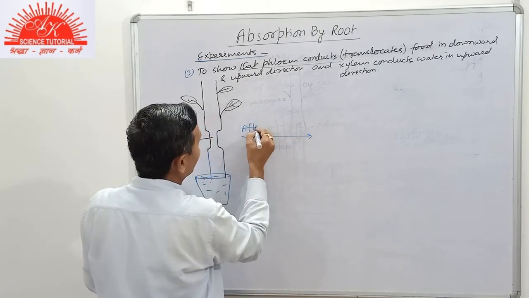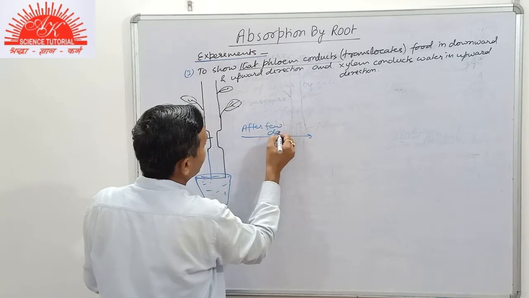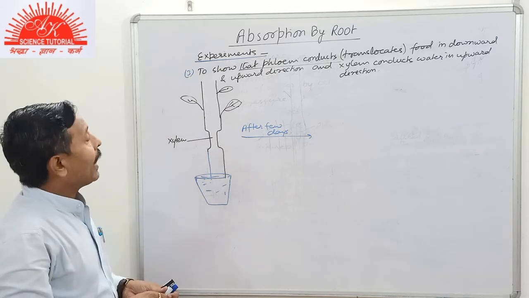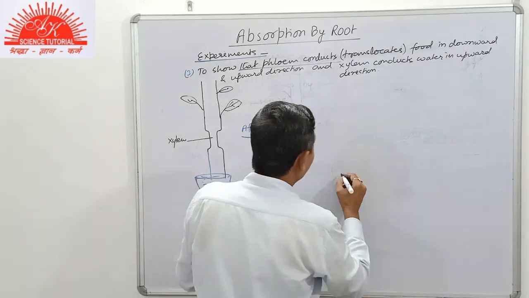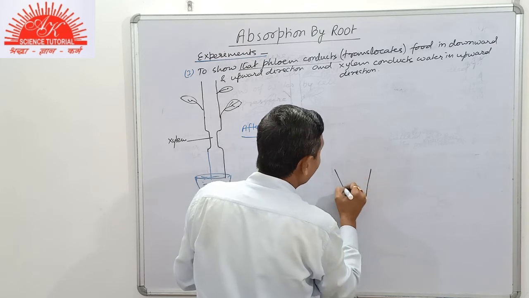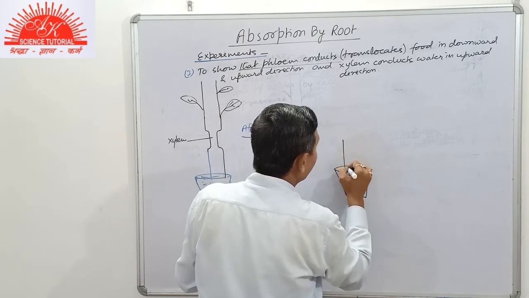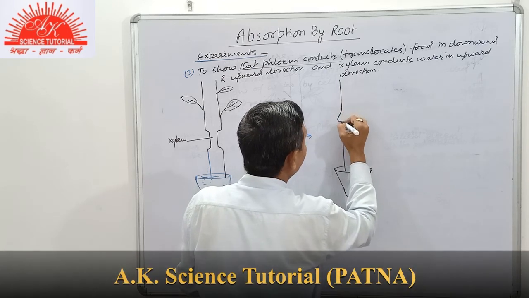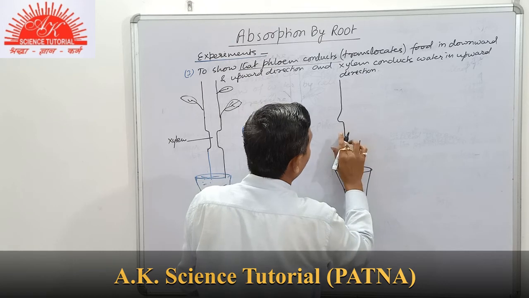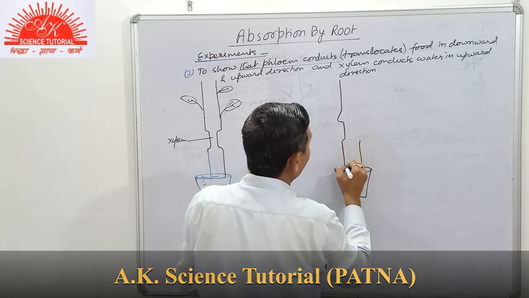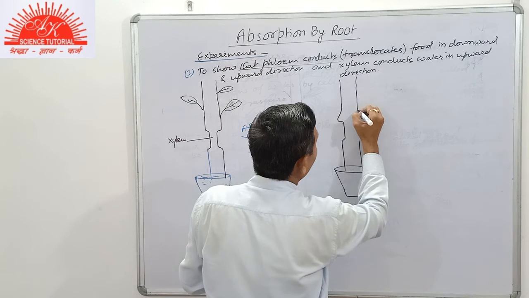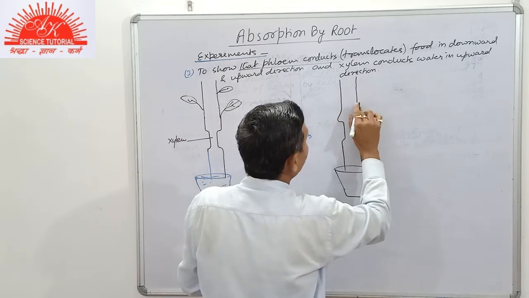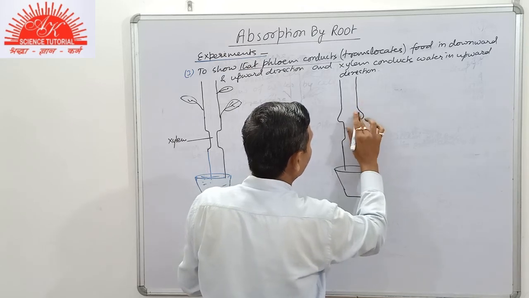So we write here, after a few days, what will be our observation? We observe that the leaves remain erect, leaves remain turgid, but the major change that takes place is that above the girdled section some swelling develops.